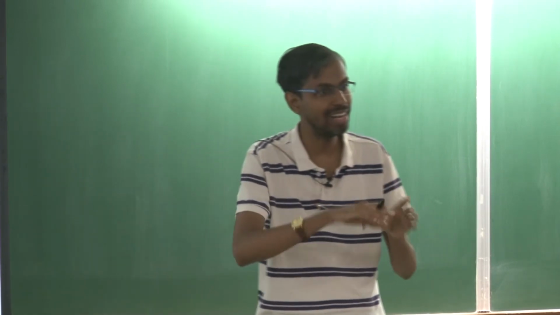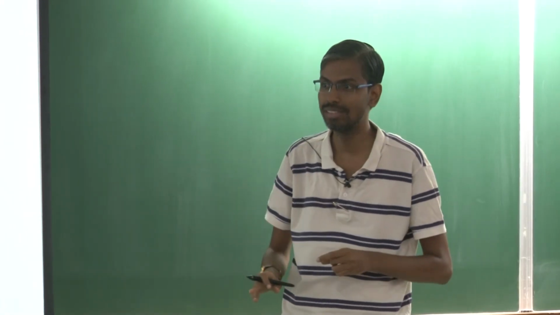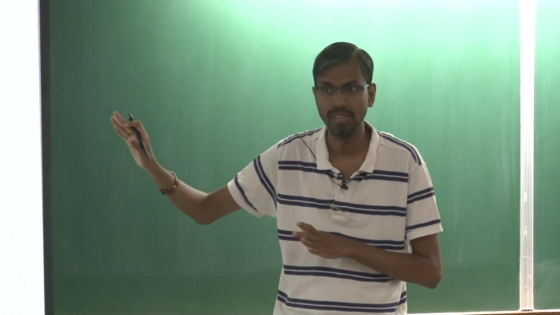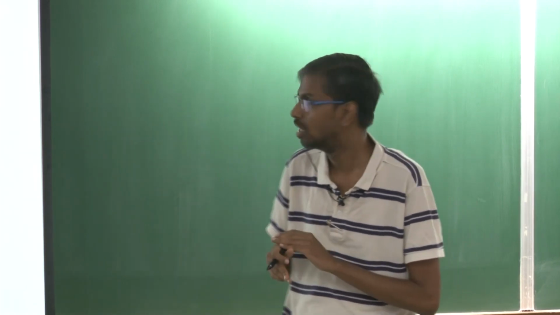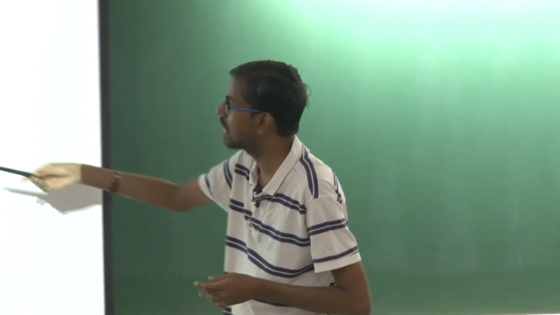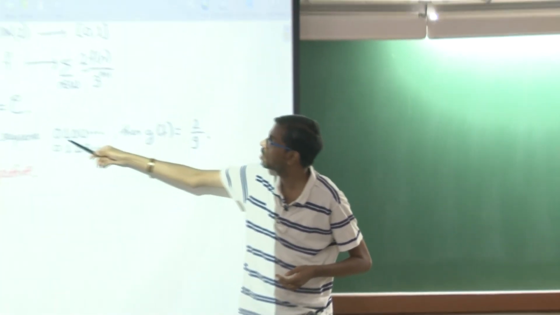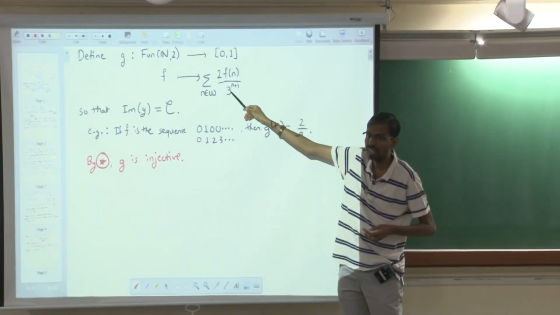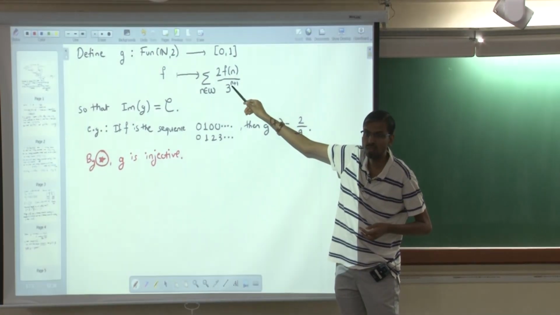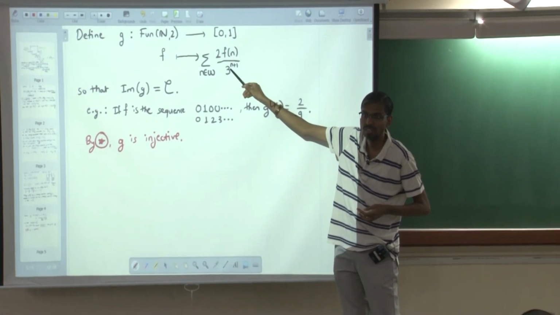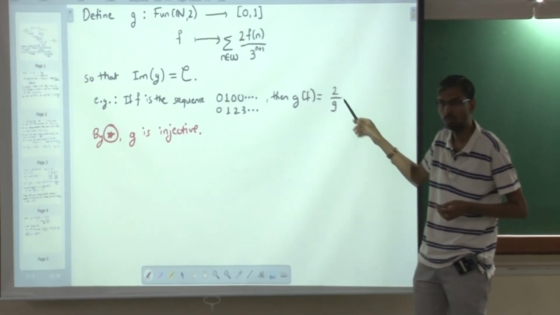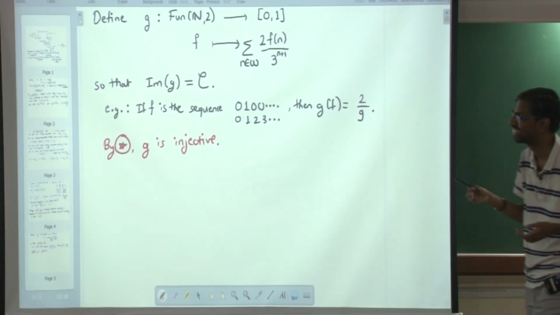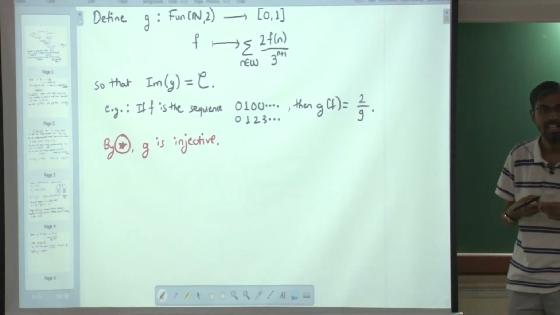So that's how smartly we have avoided talking about things which could cause problems. Hopefully this is clear. Yes? 2 by 9. Just add. This is first location. So this is 2 times 1 divided by 3 to the power 1 plus 1, which is 9. So 2 by 9, and all other numbers are 0.